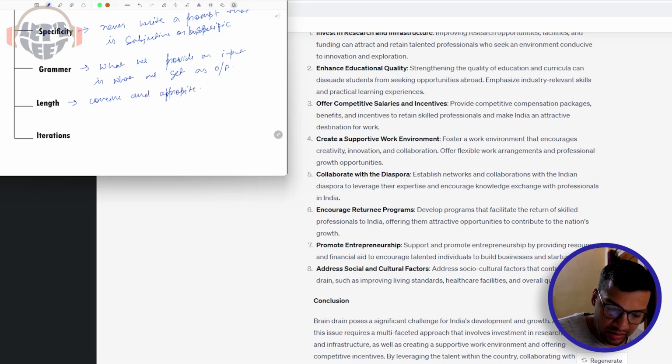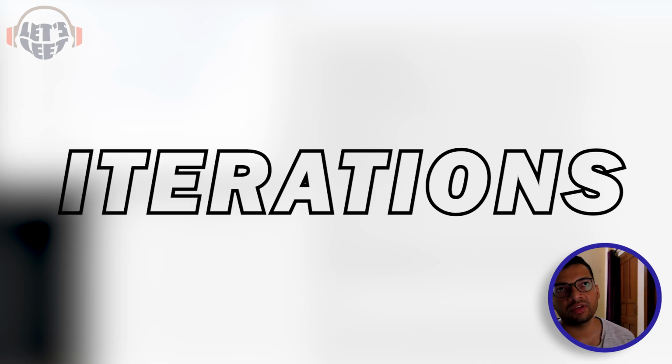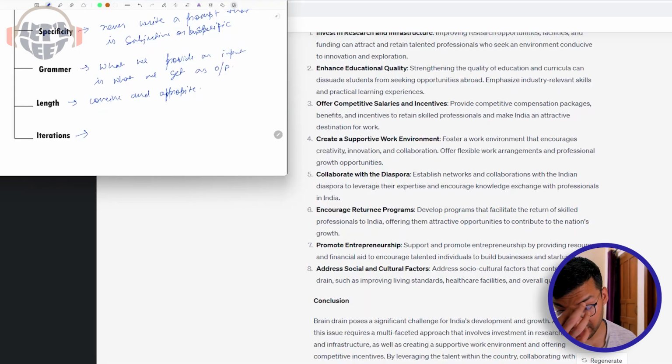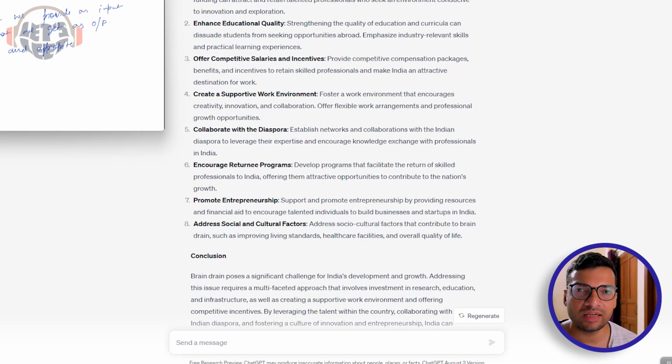All right. Iterations: we can have multiple. We can ask ChatGPT multiple questions on top of the questions we have already asked.